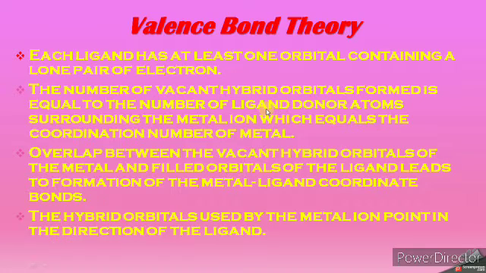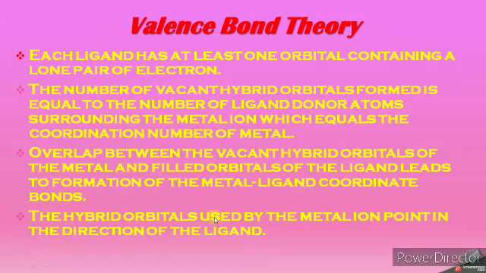And that is the coordination number of cobalt. Then overlap between the vacant hybrid orbitals of metal and the filled orbital of the ligand leads to formation of metal-ligand coordinate bond. Metal acts as an acceptor, ligand acts as a lone pair donor.